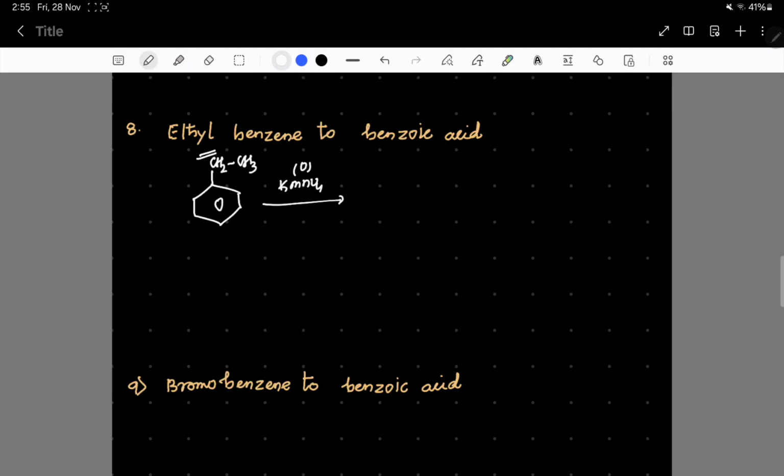Any benzylic carbon will be converted into benzoic acid regardless of carbon chain, right? So this will be converted into COOH. The remaining part will be converted into CO2 plus H2O. Right, so this is the process, student.